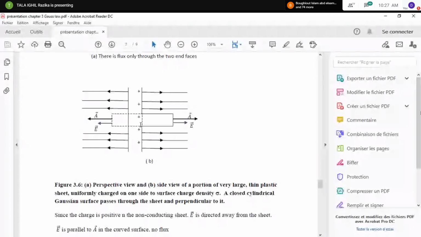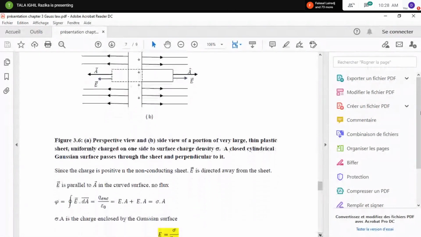So here, if we take a plate which is insulating, there is electric field everywhere, outside the plate and inside the plate.